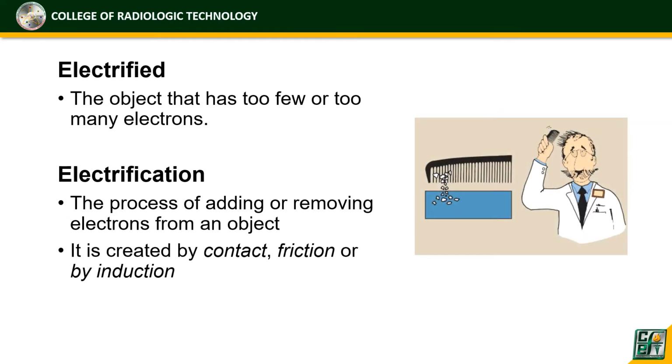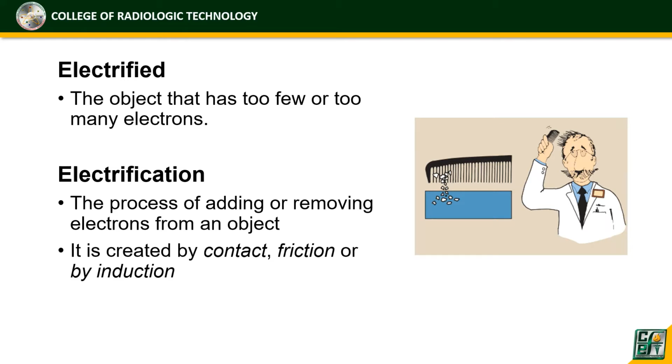Okay. So the example is a comb. Kapag nagsuklay ka, or yung suklay ay nirab mo sa paper, so that is by friction, okay? So yung ma-generate na electron from the paper, matatransfer siya sa suklay, sa comb.